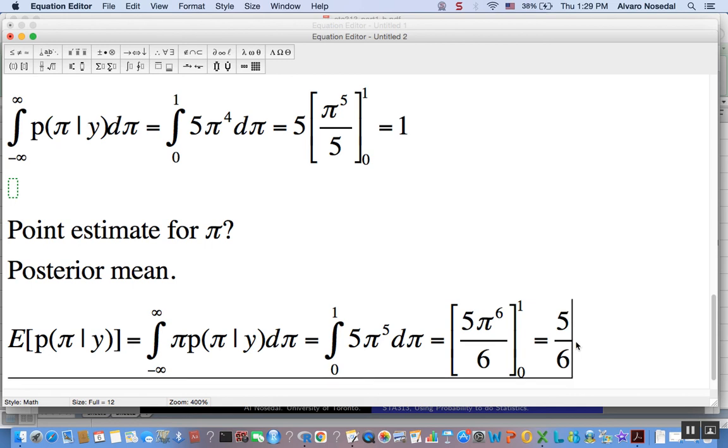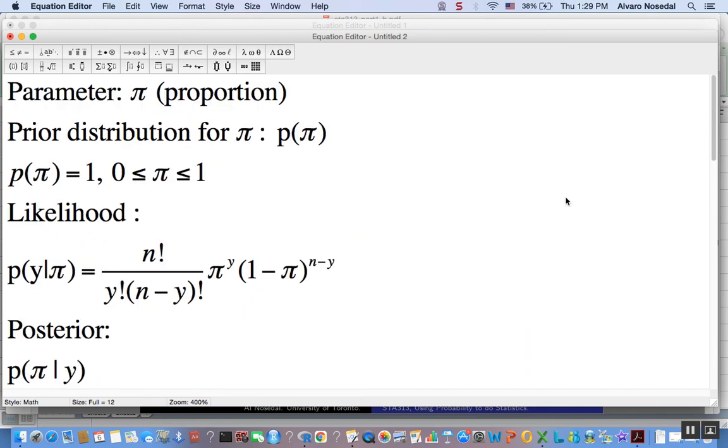Okay, let's summarize what we did here. The main ideas that we discussed are these. First, we underlined that in Bayesian statistics, parameters are random variables.